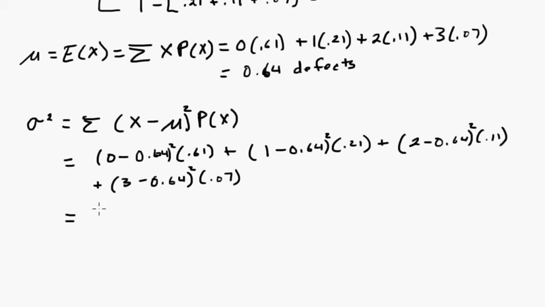So you have to punch that up on the calculator. That comes to 0.8704. So again, that's the variance.